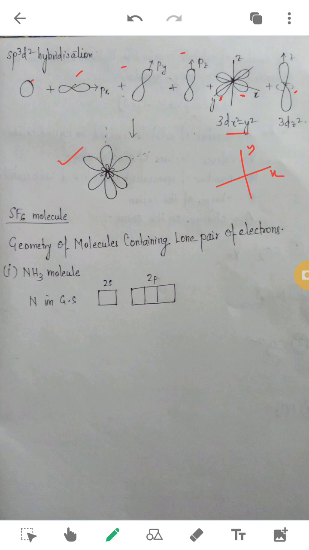Okay. Now for sp3d2 configuration, we can take an example of SF6 molecule. In the similar way, you have to see whether in the ground state it is able to form the hybrid orbitals or not. Then you can go for the excited state and show that yes, there's now a possibility of hybrid orbitals forming, and then you can draw this in the orientation.